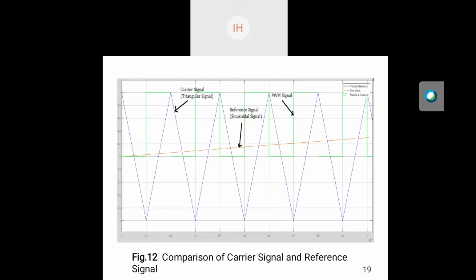So here the green waveform shows the PWM output of this simulated carrier and reference signal. Next slide.